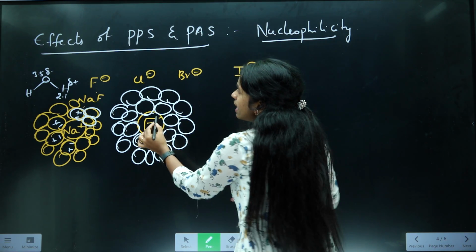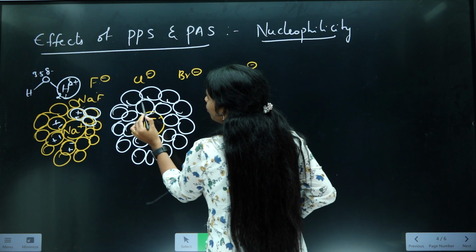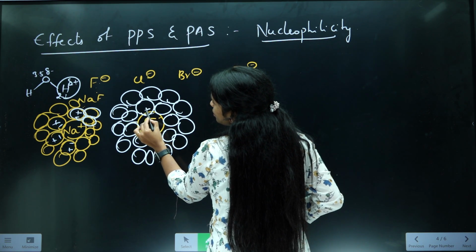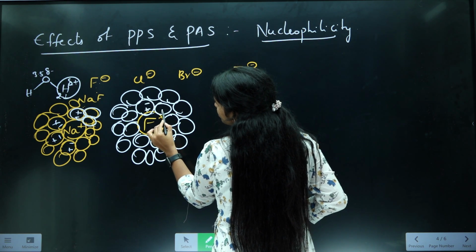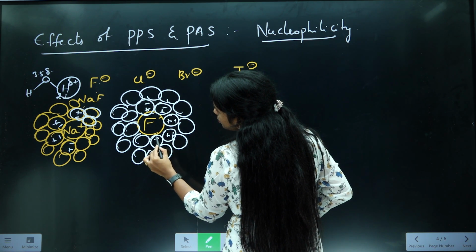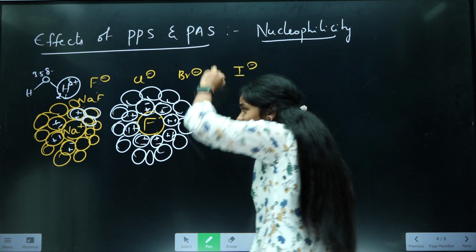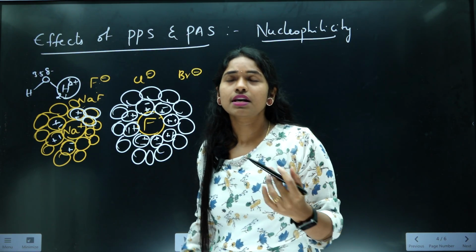In the case of the anion, it is surrounded by the positive charges of water, which come this side while the negative charges go out. In such a way hydration happens.